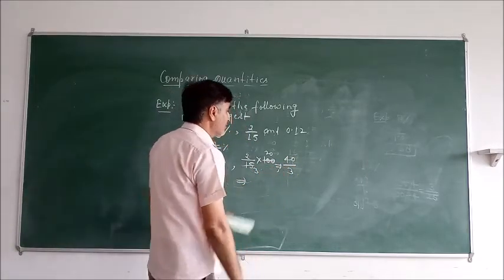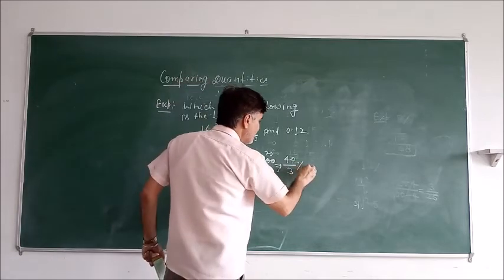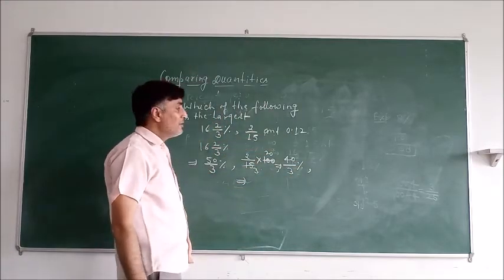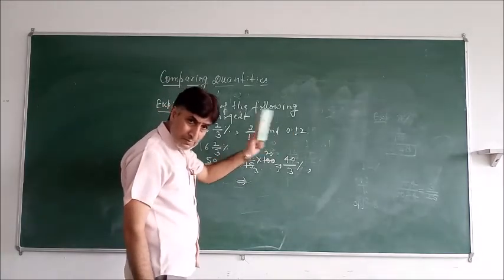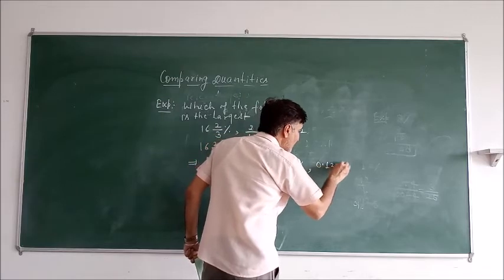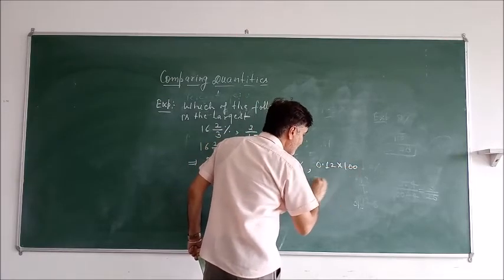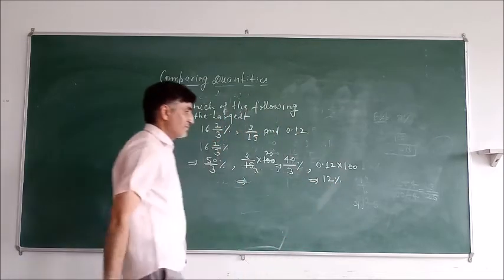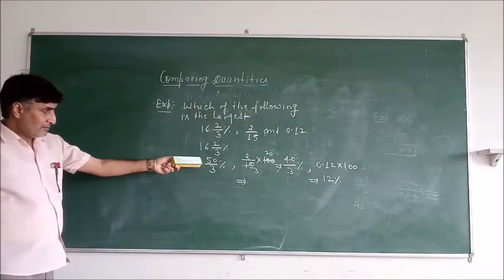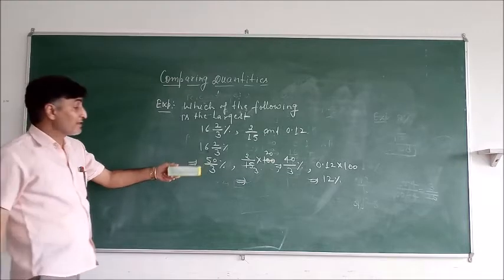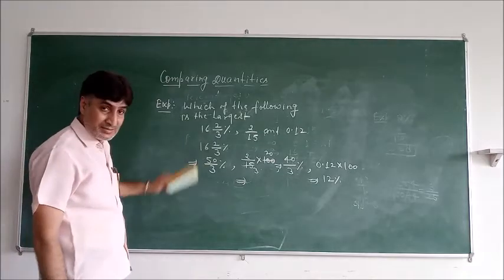And the last number, which is in decimal form, when we convert this number into percentage form, again we have to multiply this number by 100, and this becomes 12%. Now here, this number can be written as a mixed fraction, 16 whole 2 by 3%.